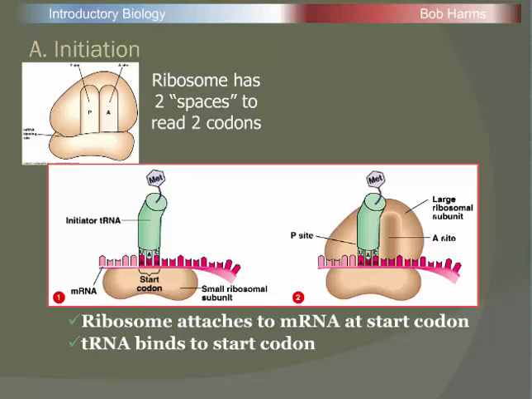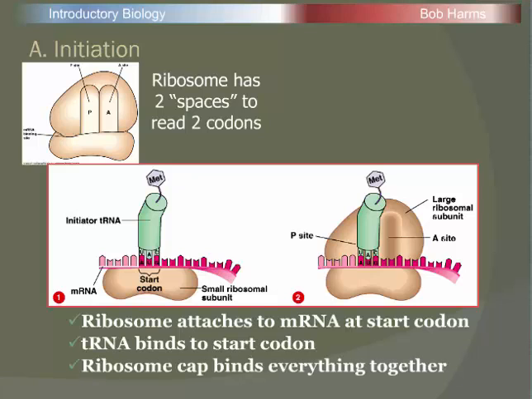Once those 3 things are chemically bound together, then the large cap of the ribosome is going to bind over the top and sort of lock everything together. And notice that once it's locked together, in our 2-car garage, our 2 spaces of our ribosome, one is filled up with the transfer RNA matching that start codon, but the second site, the second space, is blank. And so now we can read our next genetic word, and we can start building our protein.